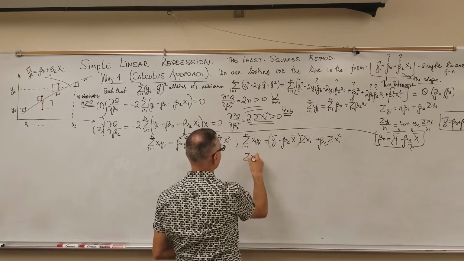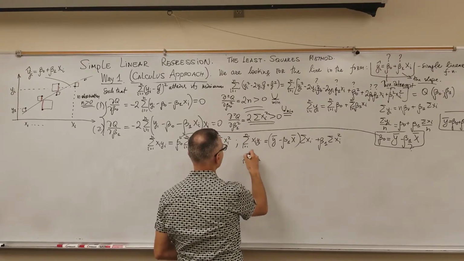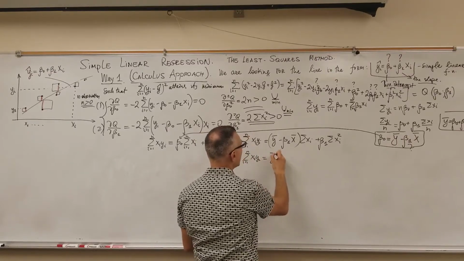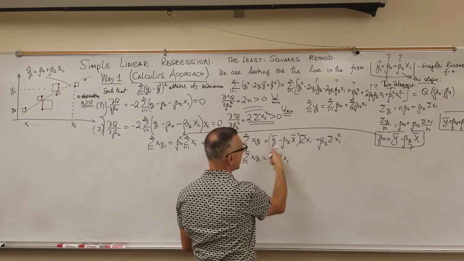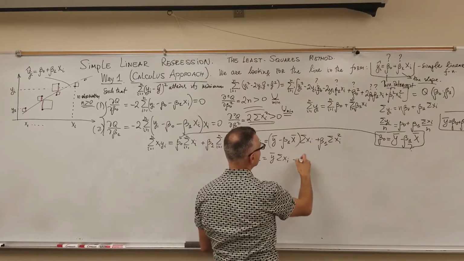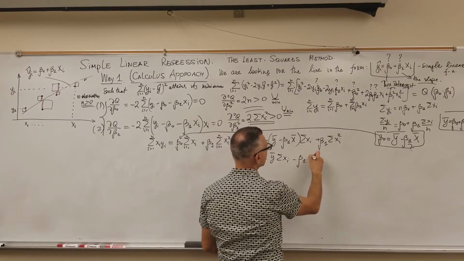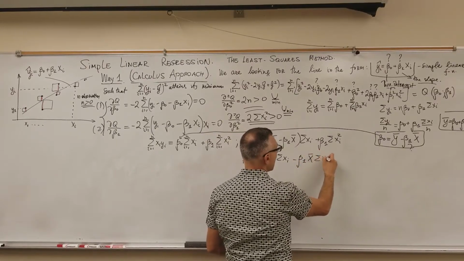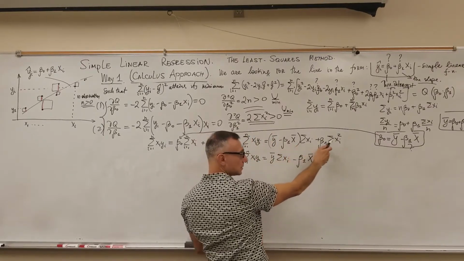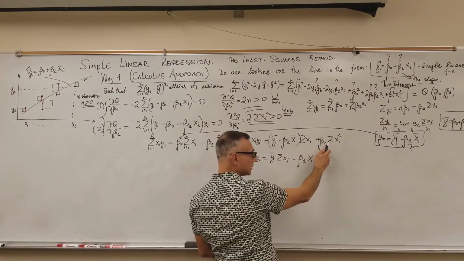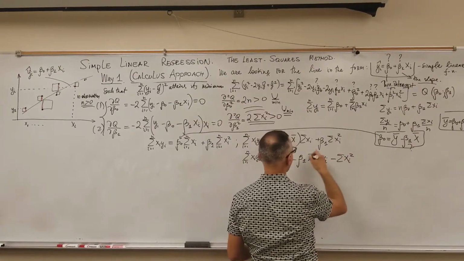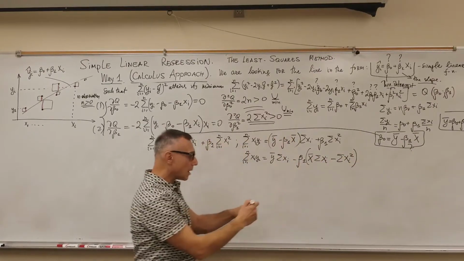So the summation xi yi, i from 1 to n, is equal to y bar summation xi's, minus beta 1 x bar summation xi's, minus beta 1 by this, and another common factor, so minus beta 1 from here will be minus the summation of xi squared. This is how I move my beta 1 outside, yep?